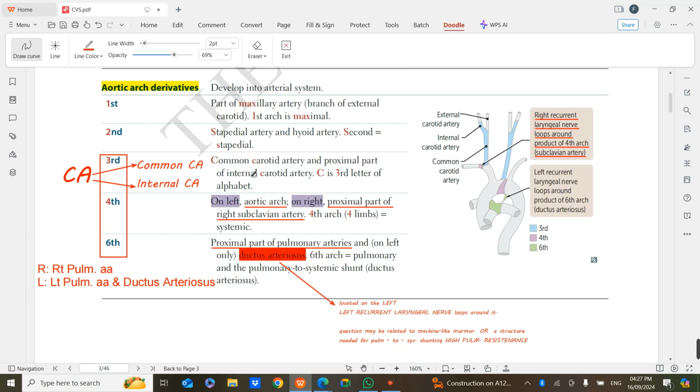Now, how are they likely going to test it? Let me give you a scenario. They can say that maybe a patient collapsed and they are trying to do CPR. The physician checks for the peripheral pulses. They are not there.